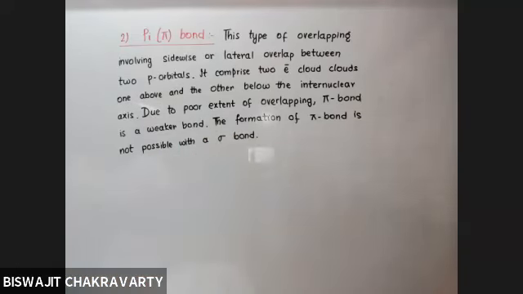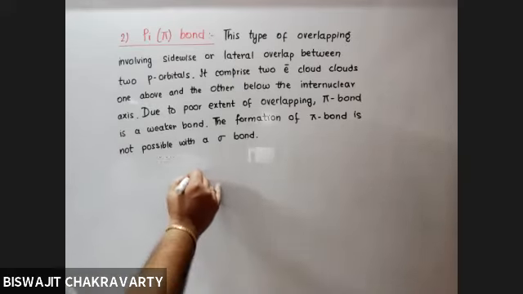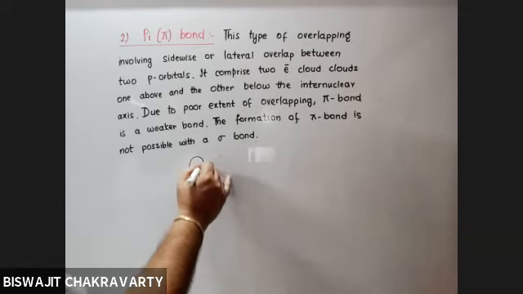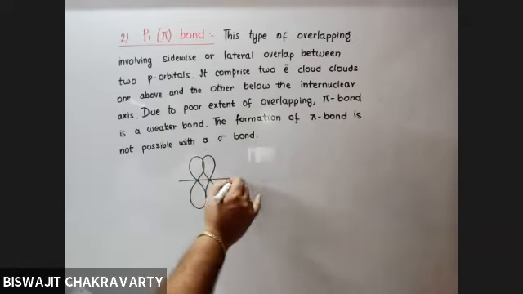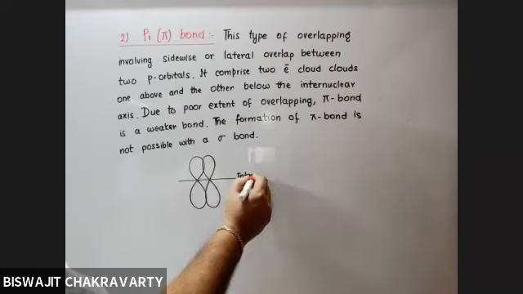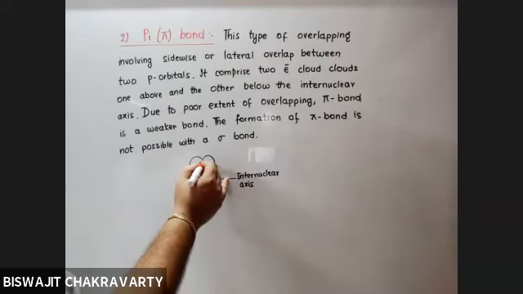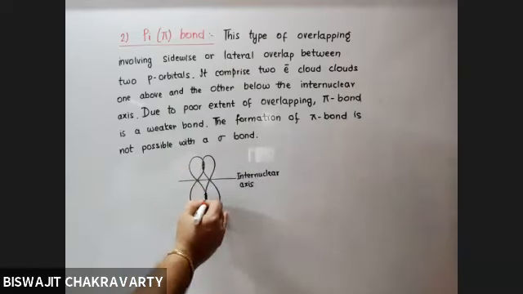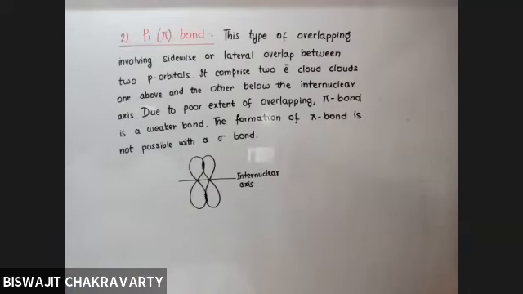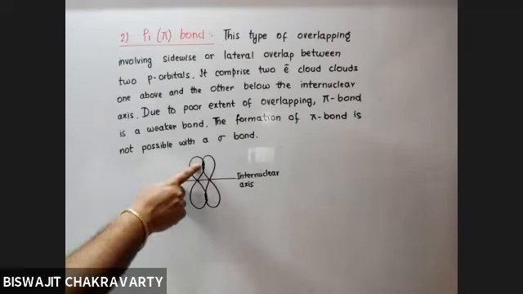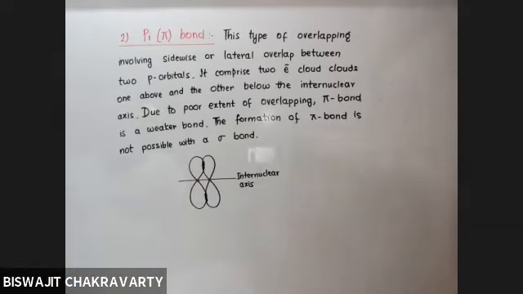But the reverse is true. You can have a sigma bond without pi bond, but you cannot have a pi bond without sigma bond. First, sigma bond will be formed, then only the pi bond will be formed. The example of pi bond is this. So there are two electron clouds, one above and the other below. But both the electron clouds above and below are very small in size.